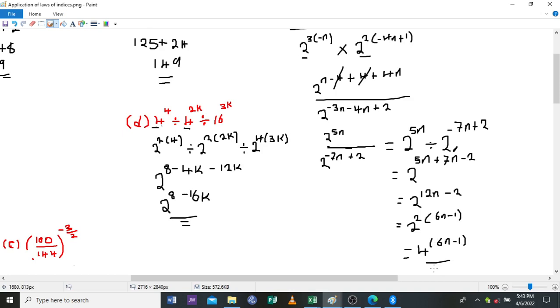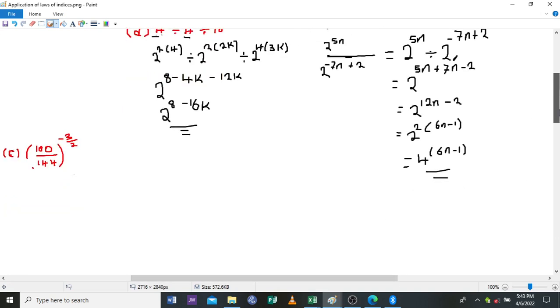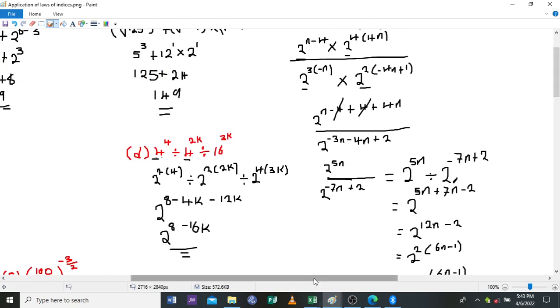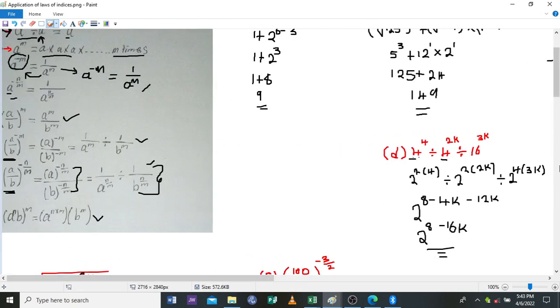Good. So there we are done. We have simplified this one up to this far. Now is there any one remaining here? I don't think so, so we can move on and solve these other ones here.